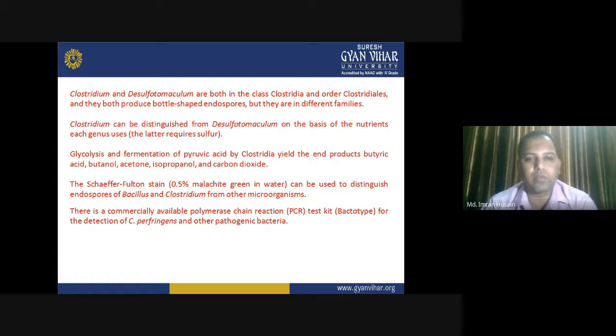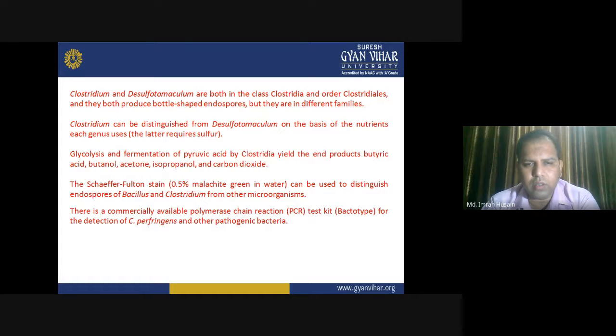The Schaeffer-Fulton stain, that is 0.5% malachite green in water, can be used to distinguish endospores of Bacillus and Clostridium from other microorganisms.